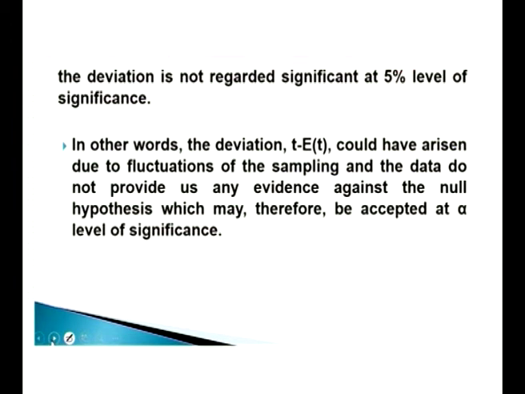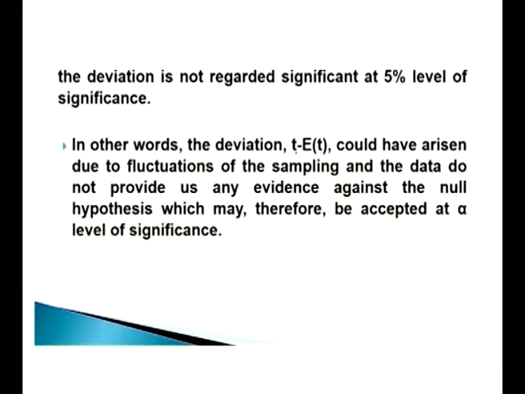Similarly, if the deviation is not regarded significant at 5% level of significance, then the deviation T minus E of T could have arisen due to fluctuations of sampling, and the data do not provide us any evidence against the null hypothesis, which may therefore be accepted at alpha level of significance. These terminologies, hypothesis, test of significance, level of significance, we will be studying in the later sessions.